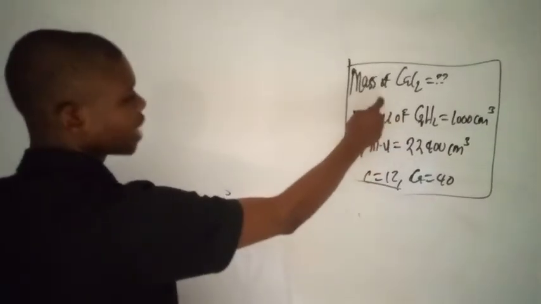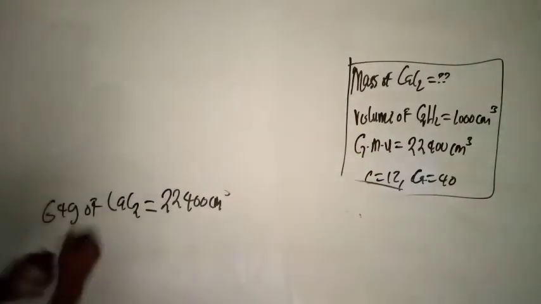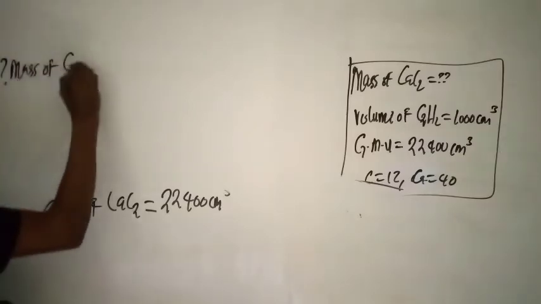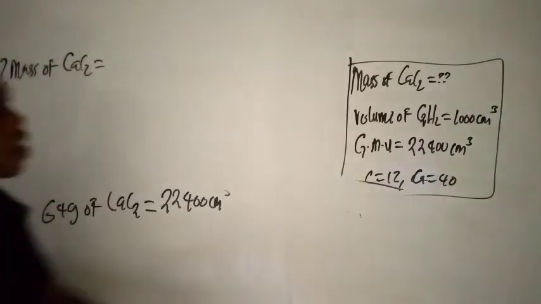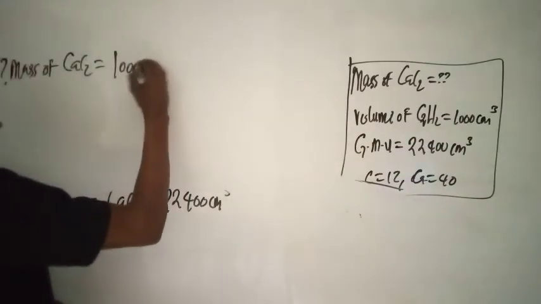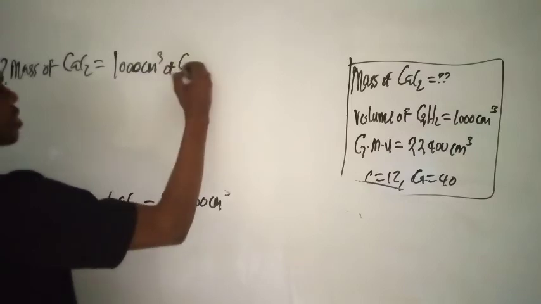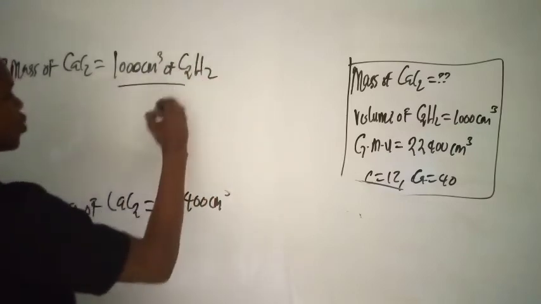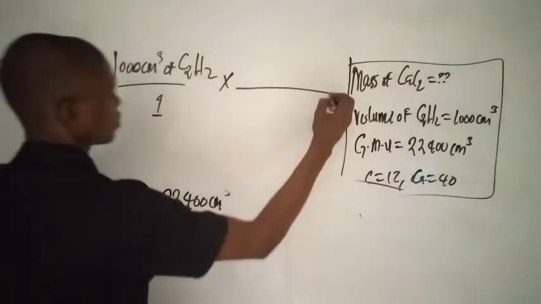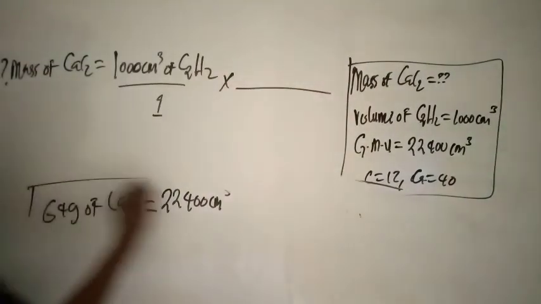So remember, what are we actually calculating? We are calculating the mass of CaC2 equals to. What are we given? We are given 1000 cm cubed of C2H2 over 1. So this is what you want to do first, times. This is where you are now going to use this relationship here.